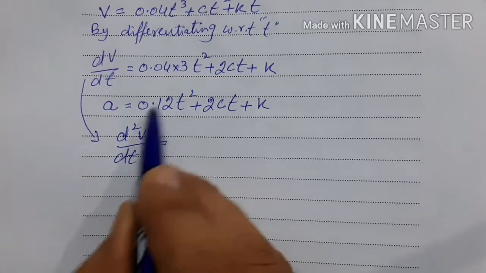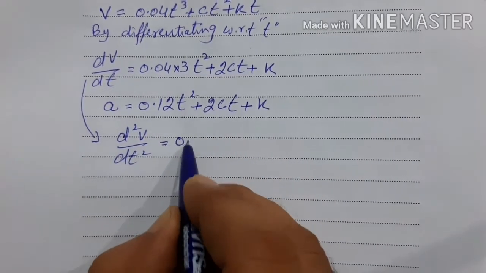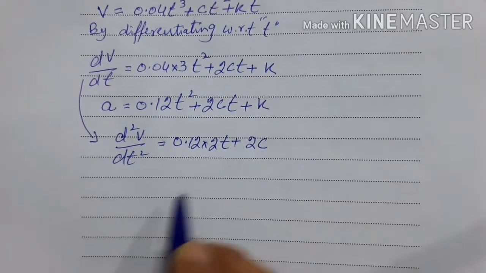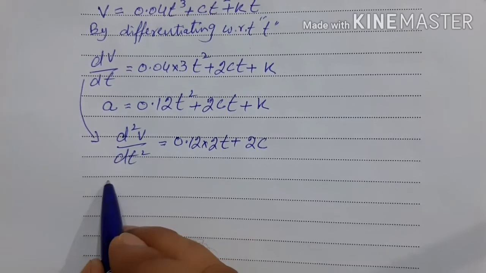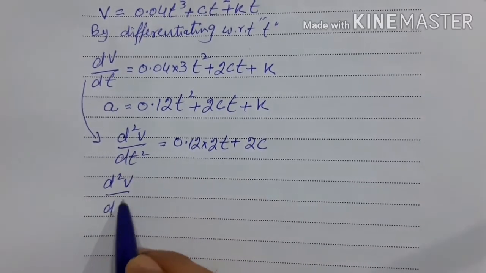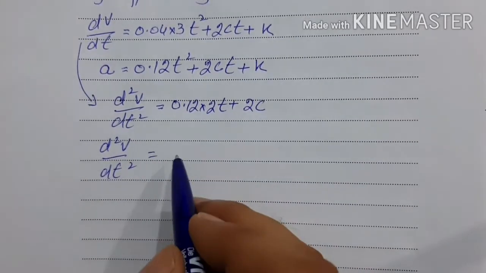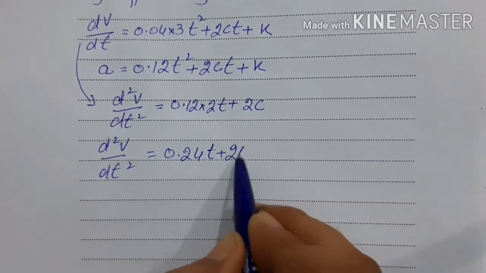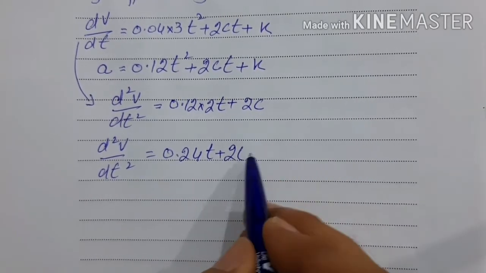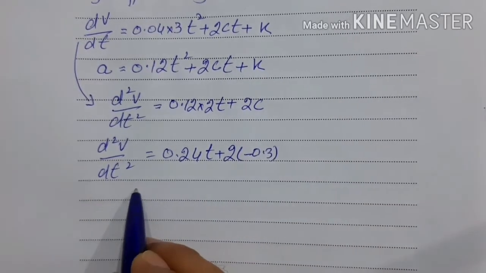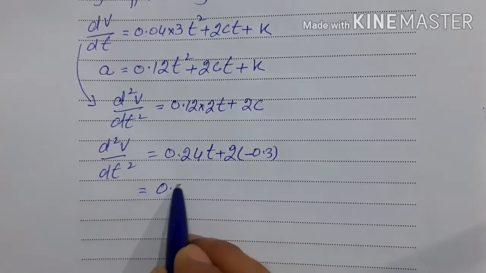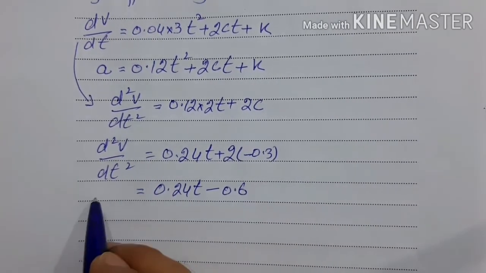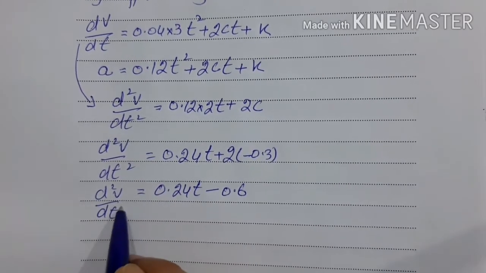So this will be 0.12 into 2t plus 2c. So d2v by dt squared is equal to 0.24t plus, putting the value of c here, c is minus 0.3, so this will become 0.24t minus 0.6.